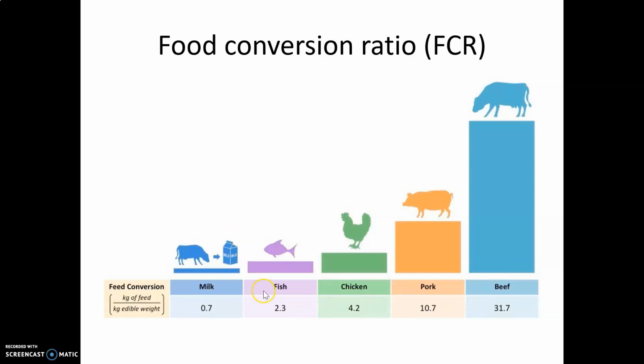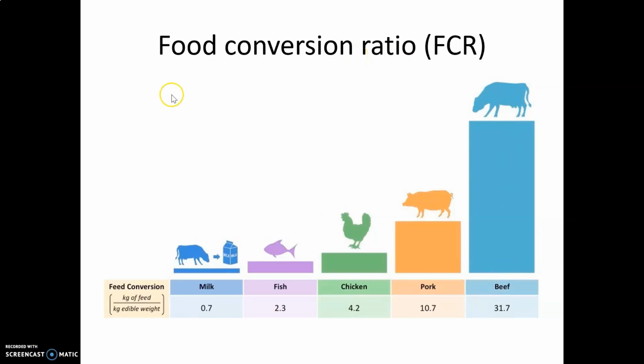So if we take a look at this table, then we can see that we need to feed a fish stock 2.3 kilograms of feed in order to produce 1 kilogram of fish that we can eat. And we have to feed the cow 31.7 kilograms of feed in order to get 1 kilogram of beef out of that cow.